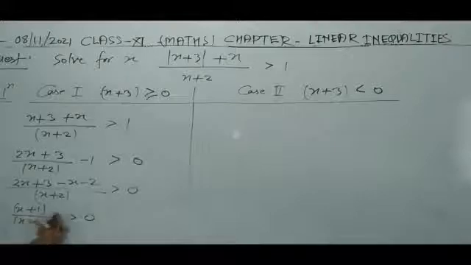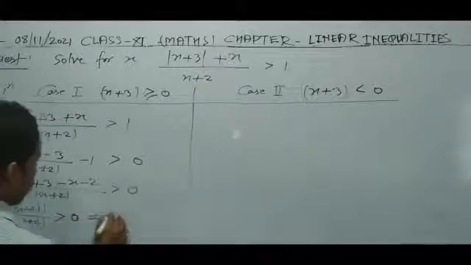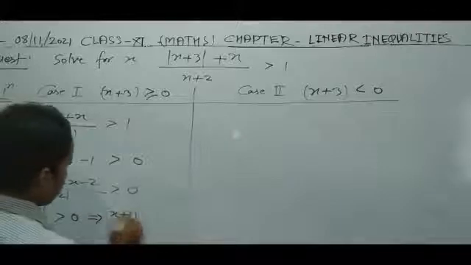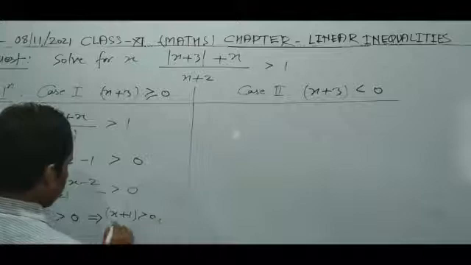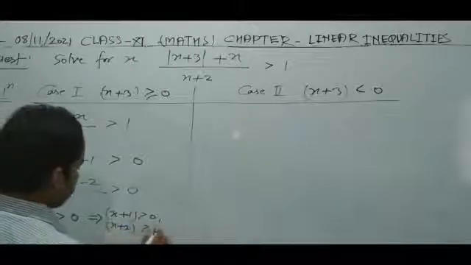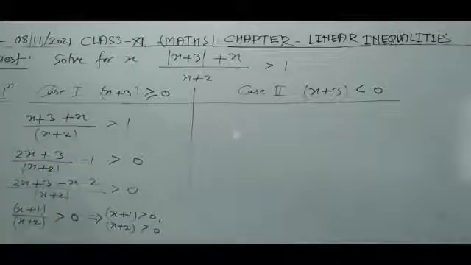Now for this condition we have to take x + 1 greater than 0 and x + 2 also greater than 0. Now what will be the solution set? How can we find the solution set?